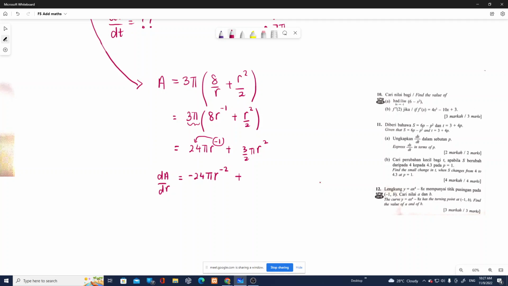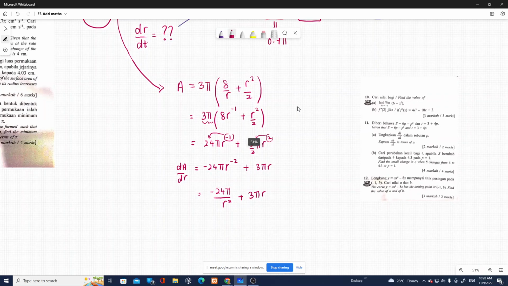Tambah dengan 2 darab 3/2, you get 3 pi r. 2 kurang 1 jadi 1. So, you will get negatif 24 pi bahagi dengan r kuasa positif 2 tambah 3 pi r. Understand? Okey, itu dA per dr.